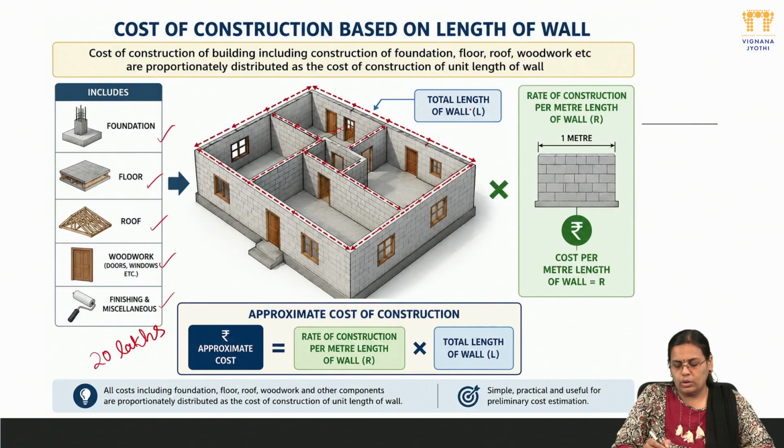So, find out the total length of the wall. For example, if the total length of the wall is somewhere around 20 meter, then you can simply arrive at the rate of construction per unit length of the wall, which is around 1 lakh. Suppose you have a new building whose wall length is around 30 meter, then you can simply calculate the cost of construction for your new structure.